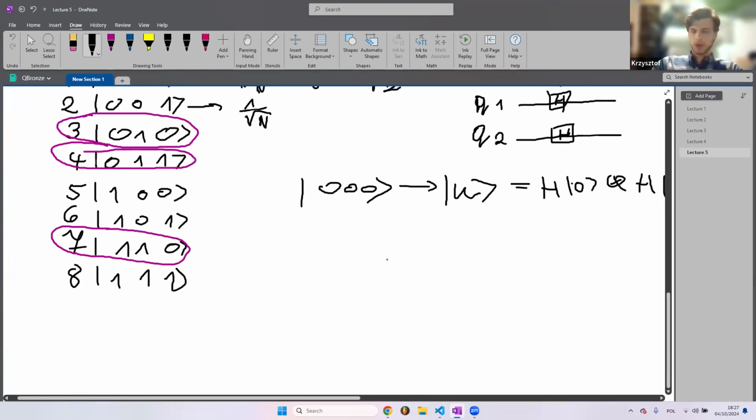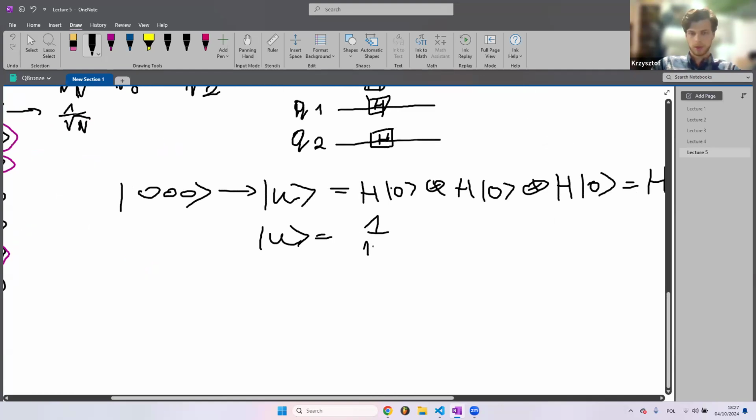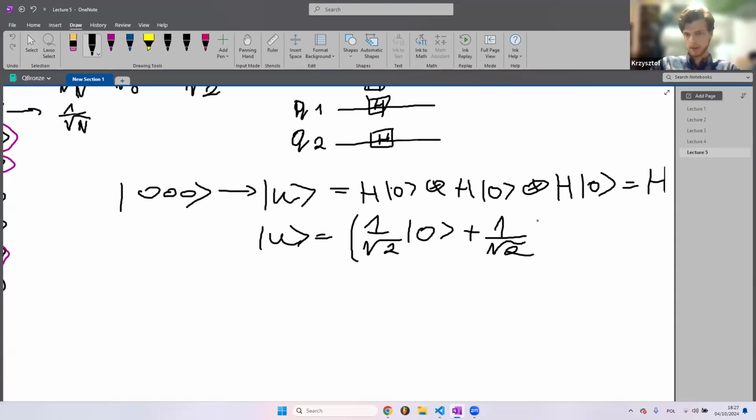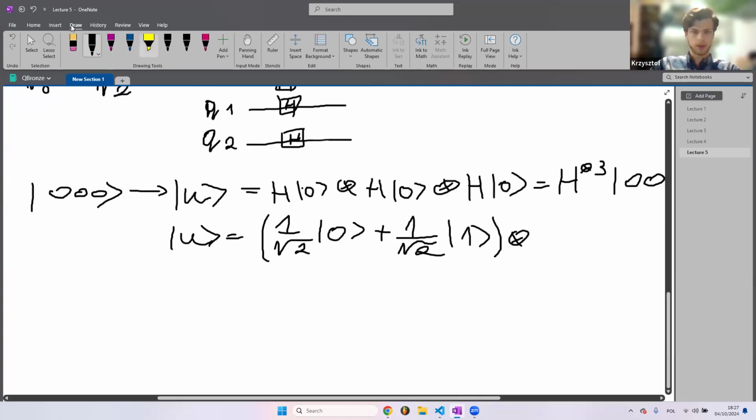And now you may recall from yesterday's lecture that applying Hadamard gives us equal probability. So this vector u is going to be 1 over square root of 2 times 0 plus 1 over square root of 2 times 1, tensor product, and I will copy this to save some time.